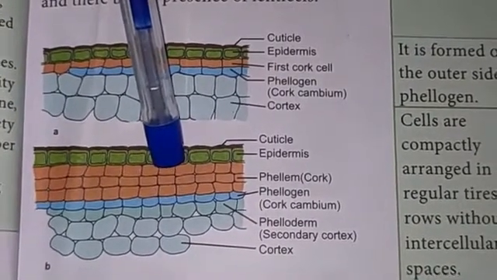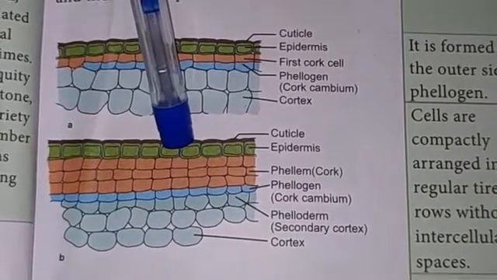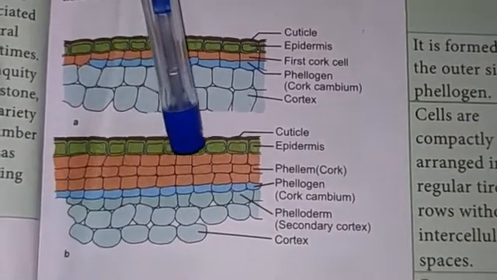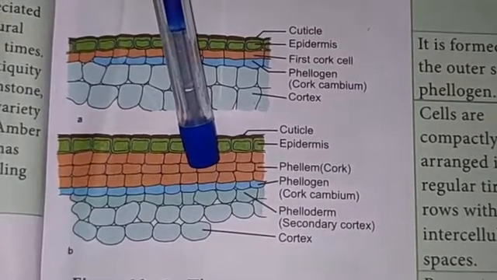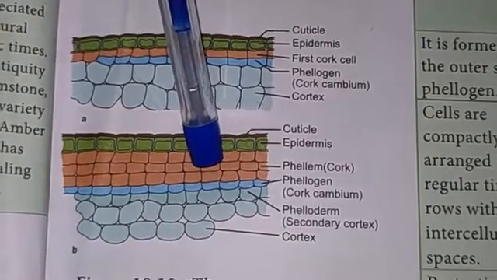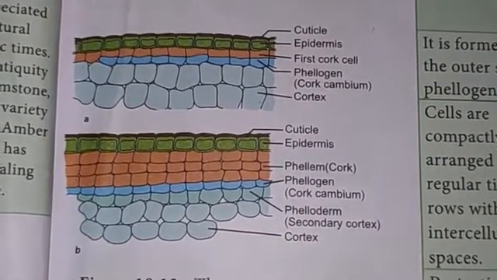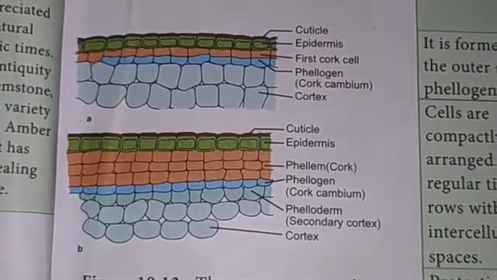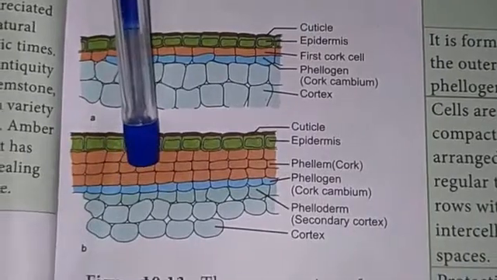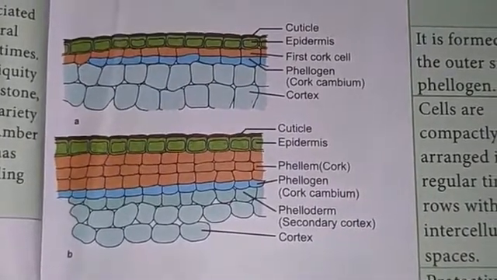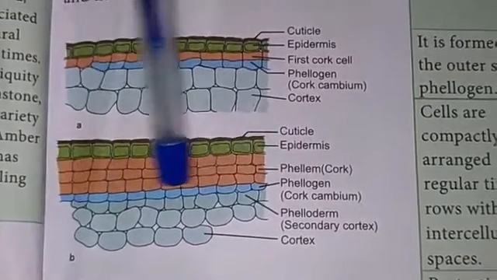Its cells divide periclinally, that is, parallelly, and produce radially arranged files of cells.